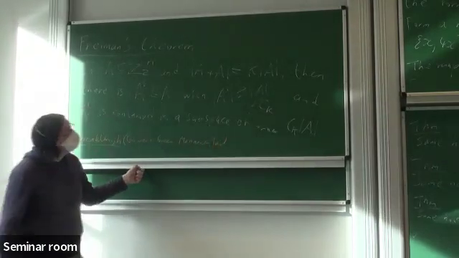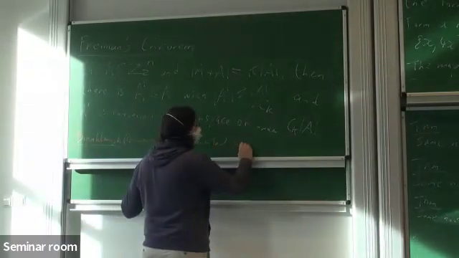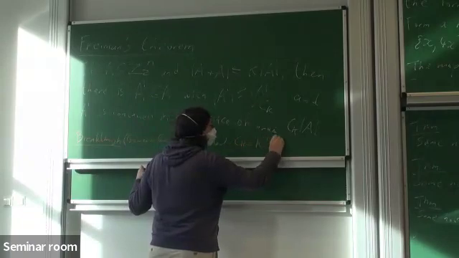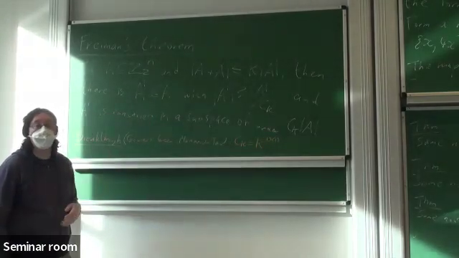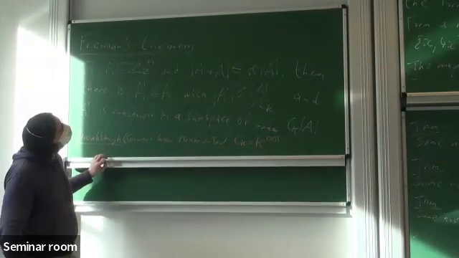Basically the result says that you can take this constant to be polynomial. This is something called the polynomial Freiman-Ruzsa conjecture, and it is very well one of the main open problems in this area.